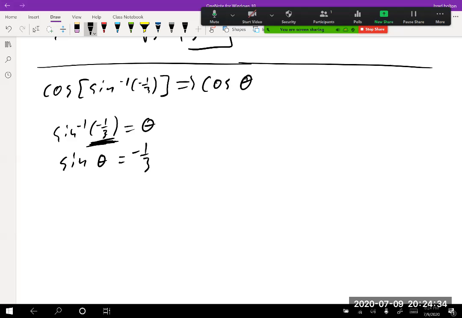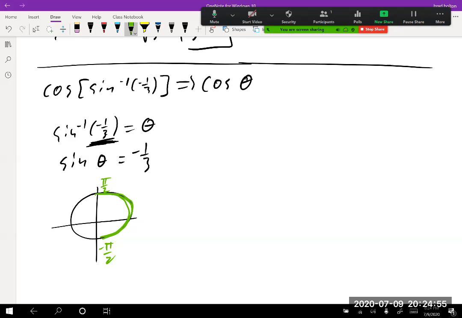Okay, so we're going to draw our triangle. Now, what quadrant are we in? Let's draw our unit circle. And I hope you guys are seeing that I'm always drawing the unit circle, like I'm always referring back to it. So the arc sine function only exists in quadrant 1 and 4, from -pi/2 to pi/2, right?